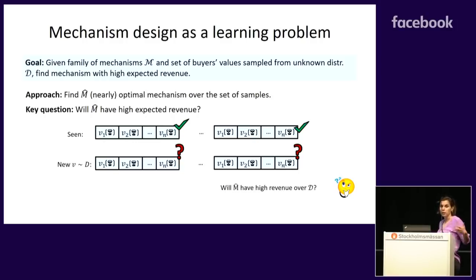Will it have high expected revenue on a new random sample? Okay, so that's a key question, and of course the answer will depend on how many training samples we've seen in the training set. And so that's exactly a sample complexity question, which is how many training samples we need to see in order to guarantee that a mechanism that does well over the training set of samples will also have high expected revenue.